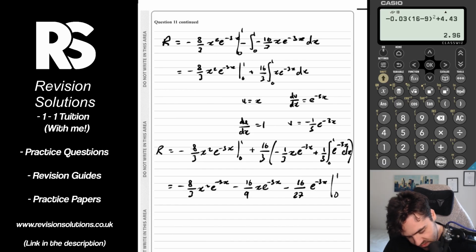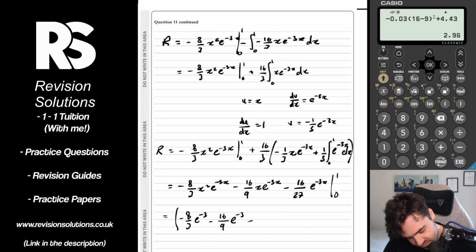So now plugging in our limits, we do that very carefully. It's going to be minus 8/3 of, well, that's x squared, just going to be 1, so just e to the minus 3. Then minus 16 over 9 e to the minus 3.